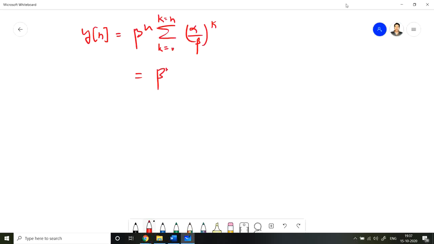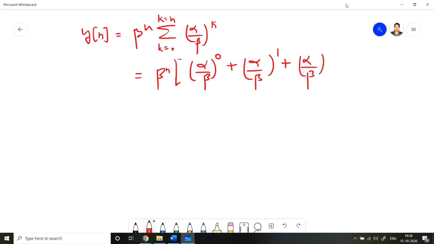Now we can solve this series. So it is alpha divided by beta raised to the power 0 plus alpha divided by beta raised to the power 1 plus alpha divided by beta raised to the power 2 plus dot dot dot plus the last term, which is alpha divided by beta raised to the power n when k equals n.